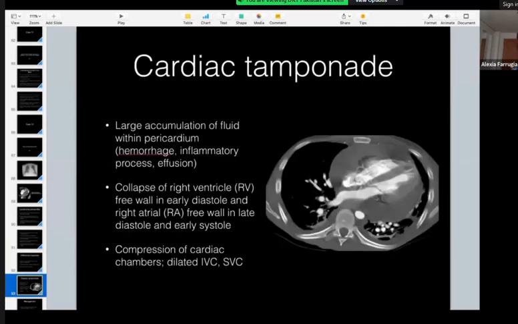So just one slide about cardiac tamponade. This happens when there's a large accumulation of fluid within the pericardial sac. Fluid can be anything, can be hemorrhage, can be due to an inflammatory process, or can just be a simple effusion.